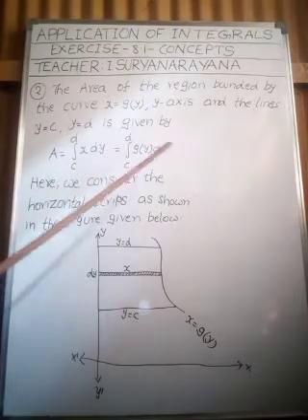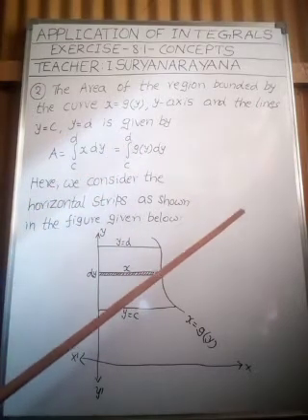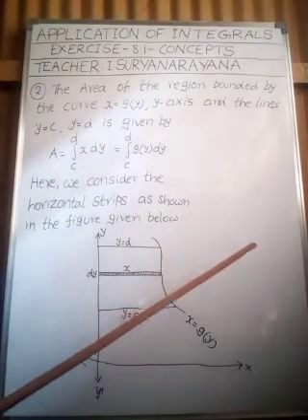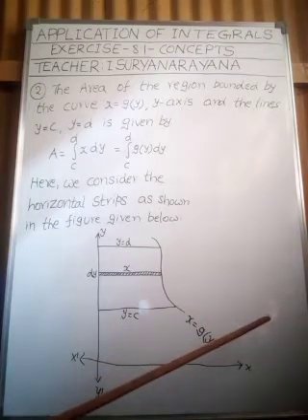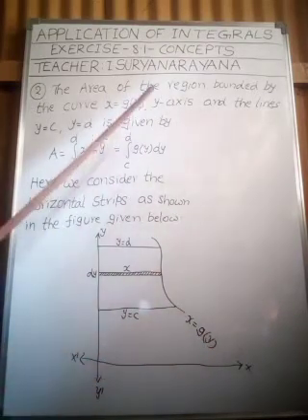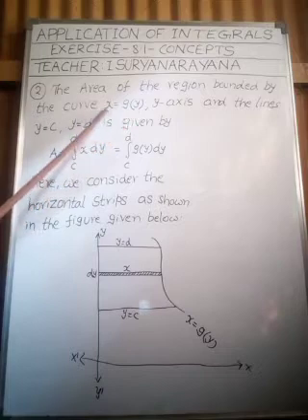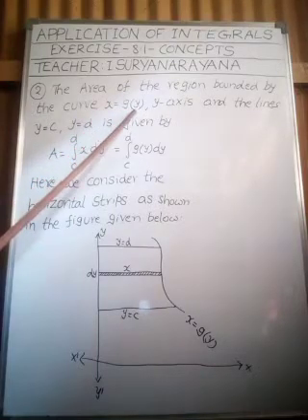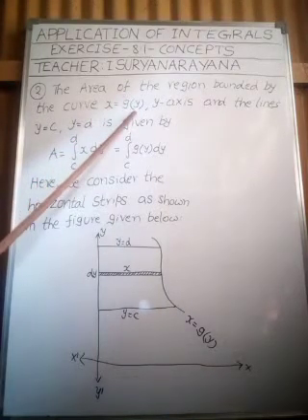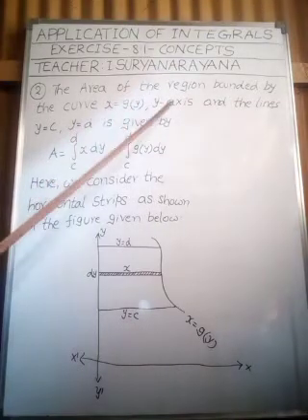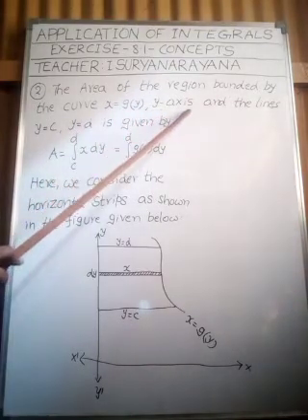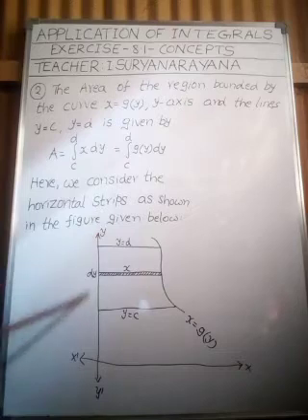Okay, my children. In the previous point we discussed the area of the region bounded by the curve y is equal to f of x. But sometimes the equation of the curve will be given in terms of x is equal to g of y. In that case, we have to find the area by taking the y-axis as base.